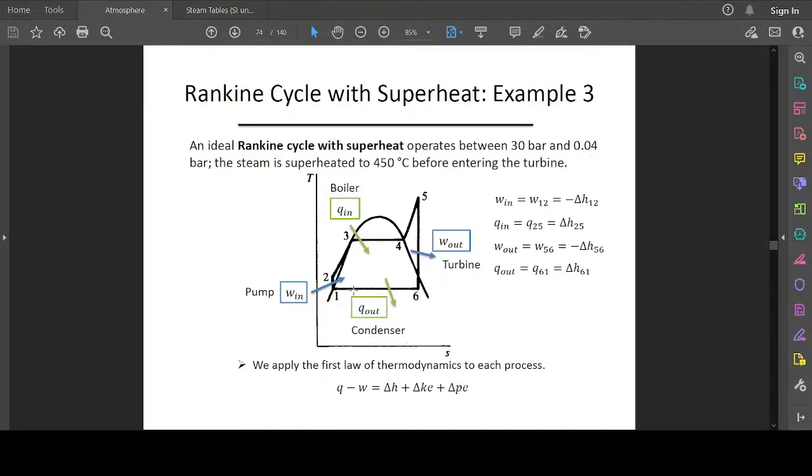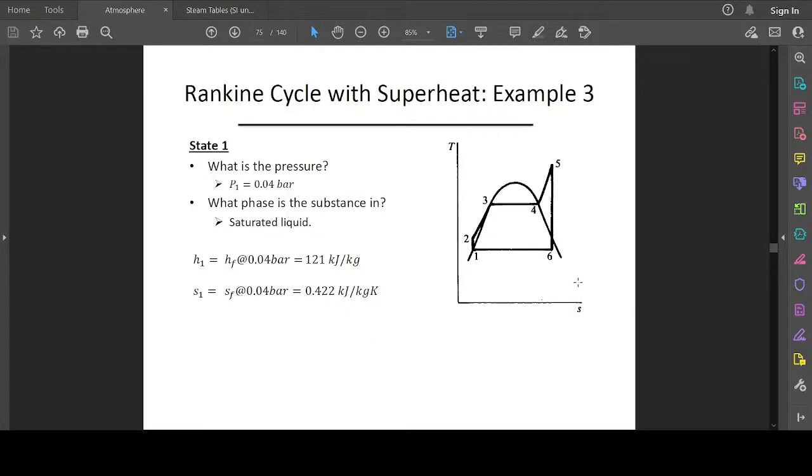Then the condensation, the removal of heat from the fluid to condense it to saturated liquid, is given as the change in enthalpy between stages 6 and 1, as given here. Okay, so going back to the steam table as usual, by now we should know how to find these values.